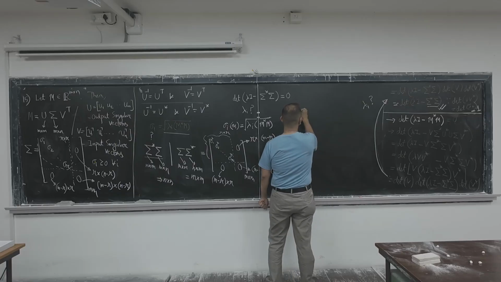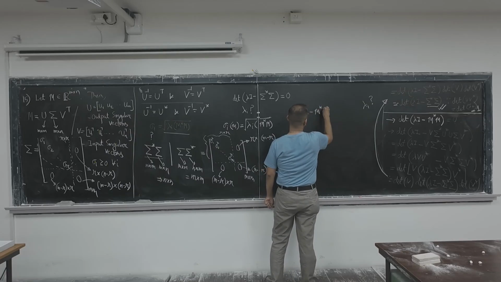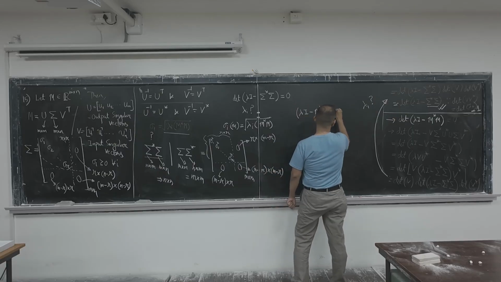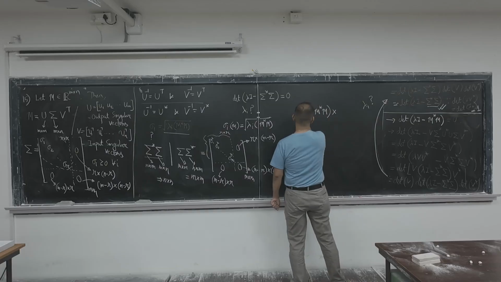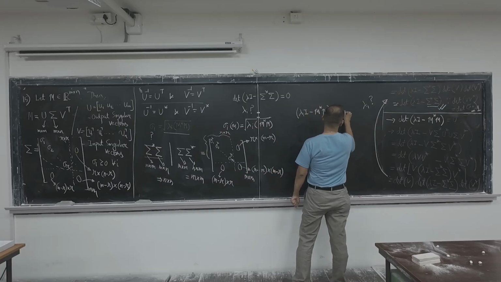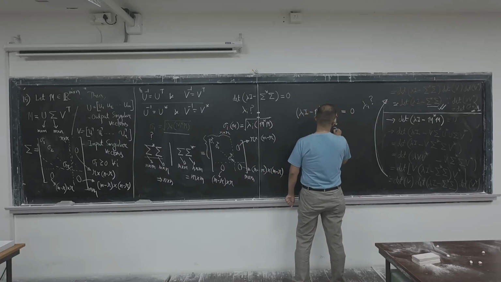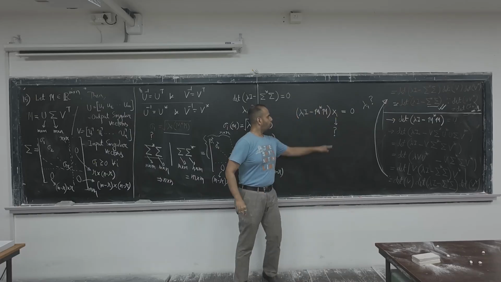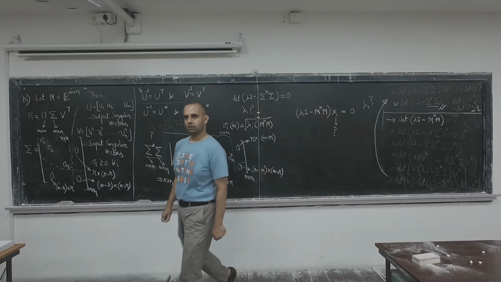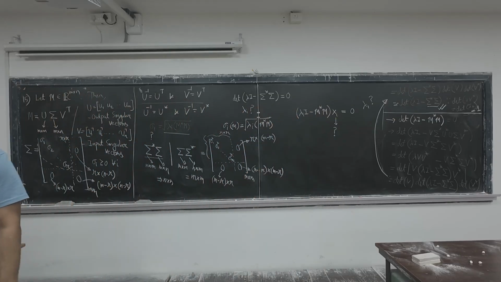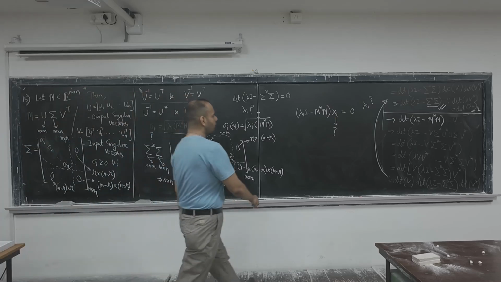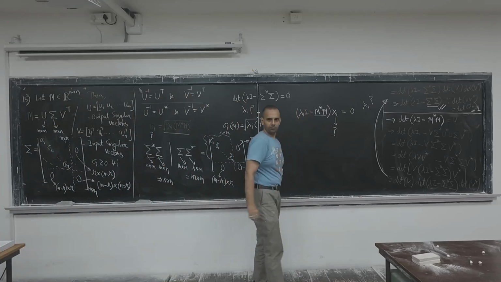If I now write, what are these eigenvectors? These are eigenvectors with respect to M star M, right?